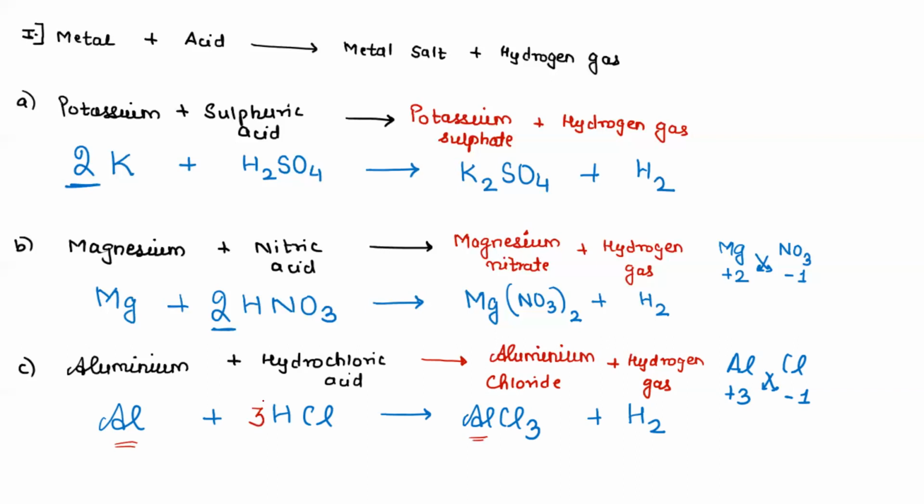But then I see over here that there are 3 hydrogens and 2 hydrogens. So I'm going to put 6 over here, 2 over here, and 3 over here, and 2 over here. So we need to balance hydrogen as well. So for that, I have to take an LCM. So it will be 2 aluminium plus 6 HCl gives 2 AlCl3 plus 3 H2.